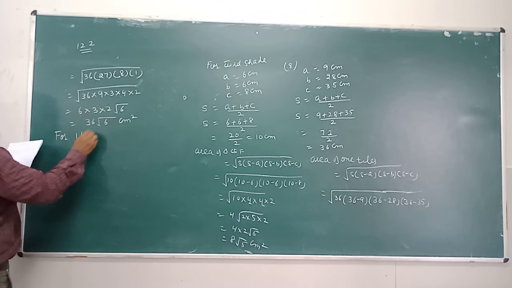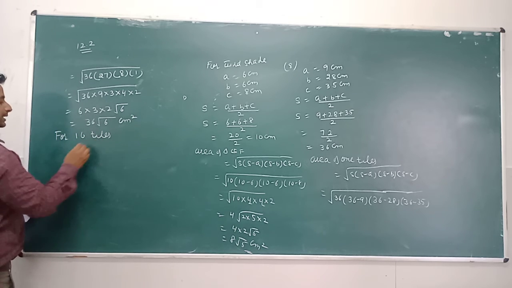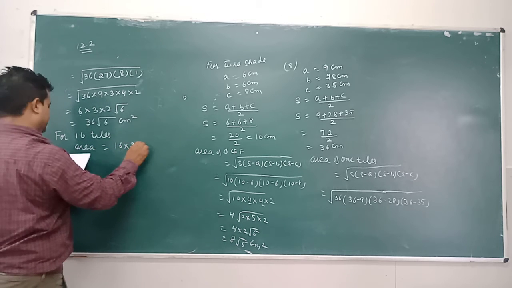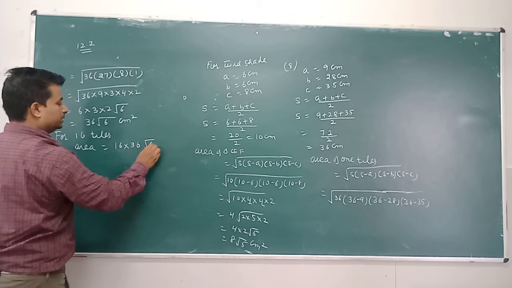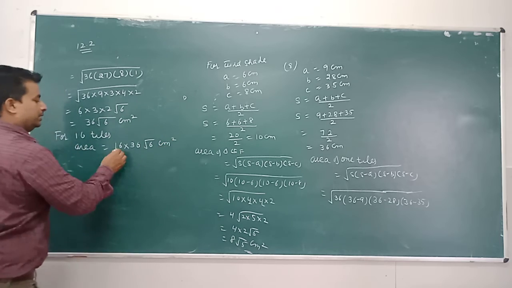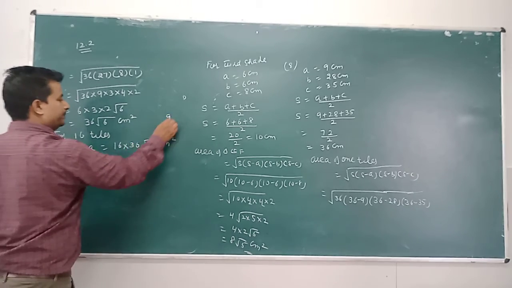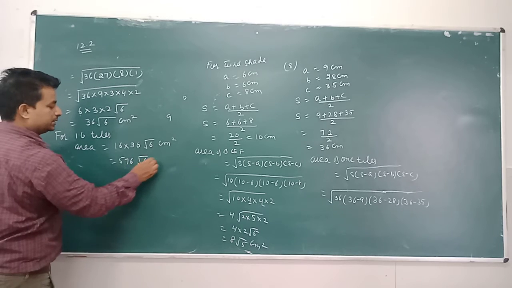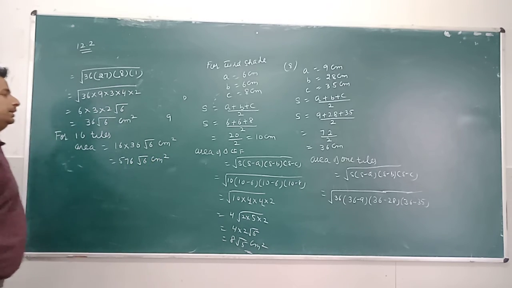For 16 tiles, the area is 16 into 36 into root 6 centimeters square, which is 576 root 6 centimeters square.